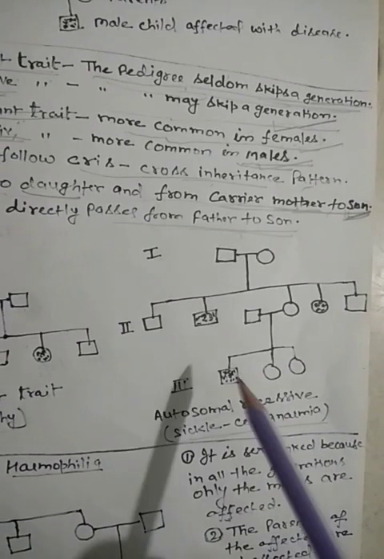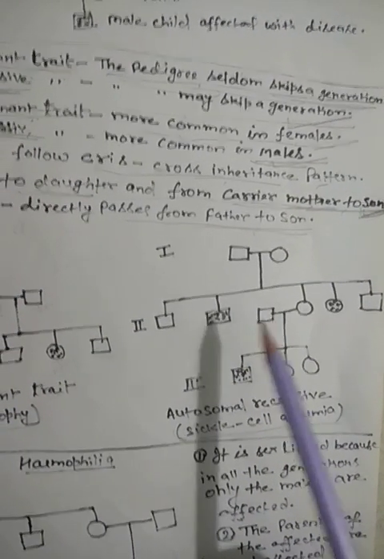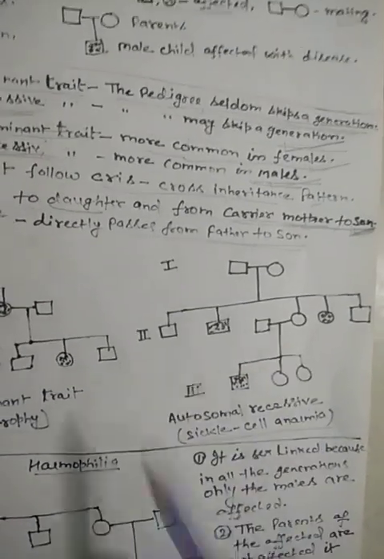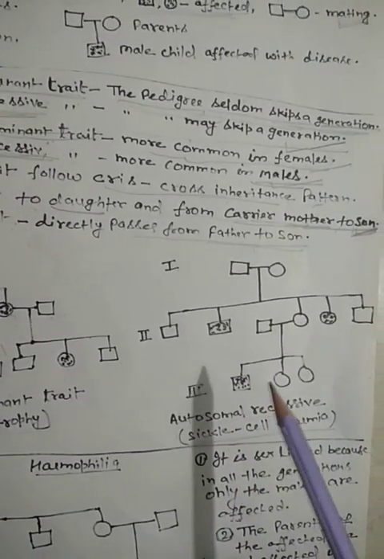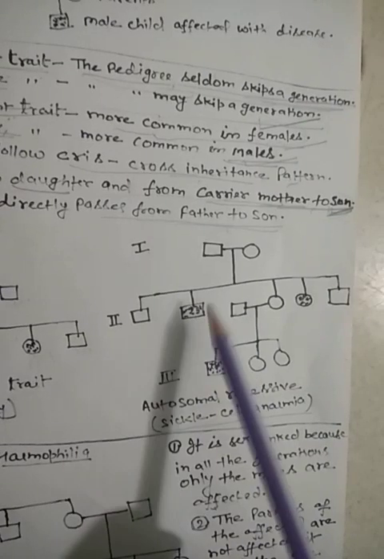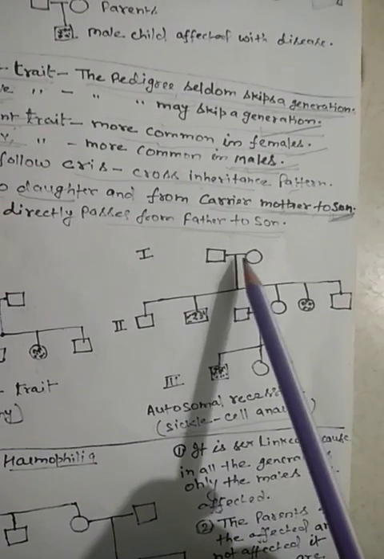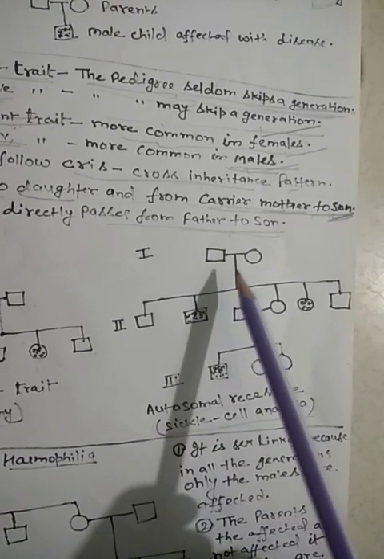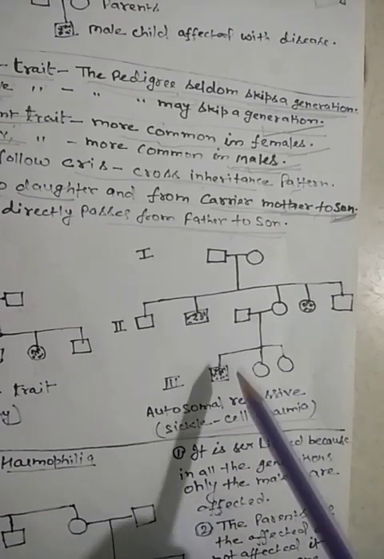If a sex-linked disease is dominant, it will be more common in females, but if a sex-linked disease is recessive, it will be more common in males. We have already decided that this disease is recessive. So the question is, is it autosomal recessive or sex-linked recessive?